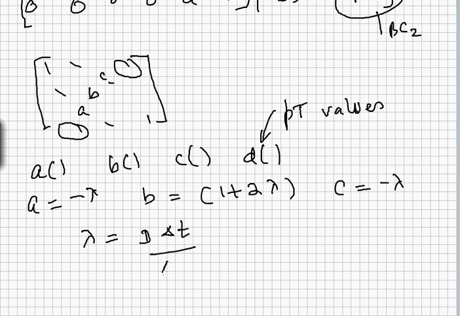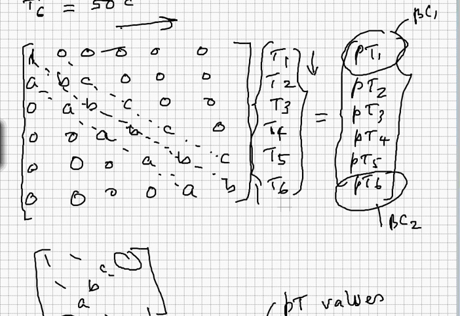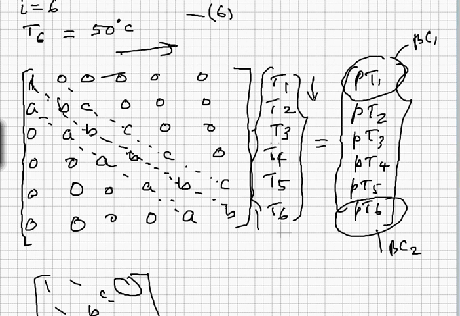So all the matrices can be filled. And interestingly, you will find that the diagonal matrix B will have at the very beginning a 1 here, 1 0 0 0 existing.